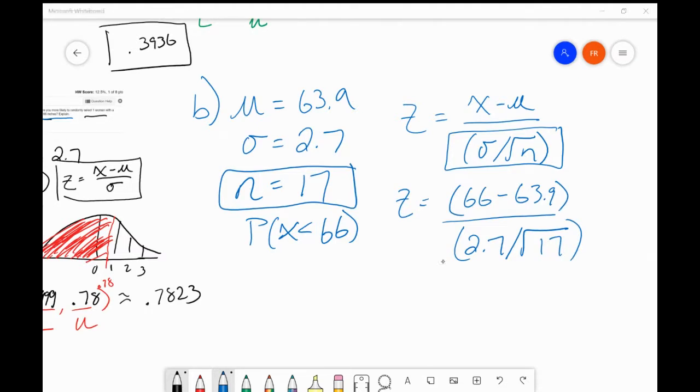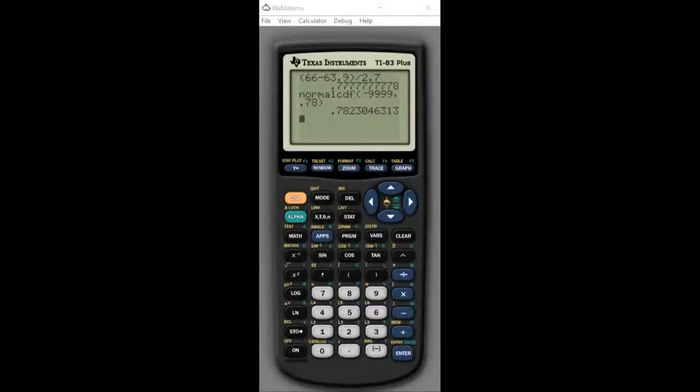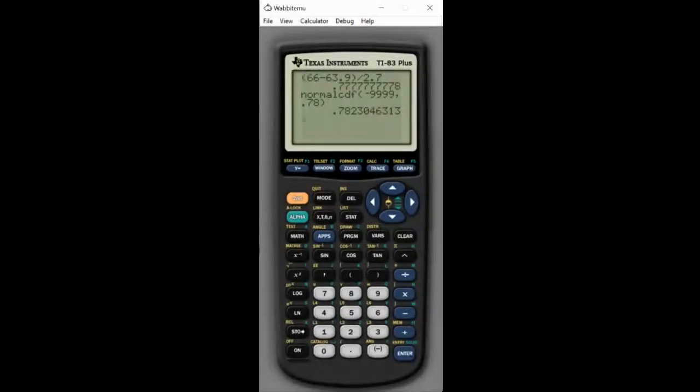Okay, so let me grab my calculator again and bring it over here so you guys can see it. There we go. I'm going to clear this out.